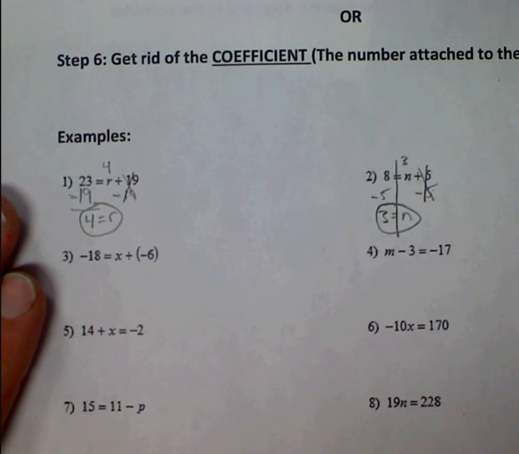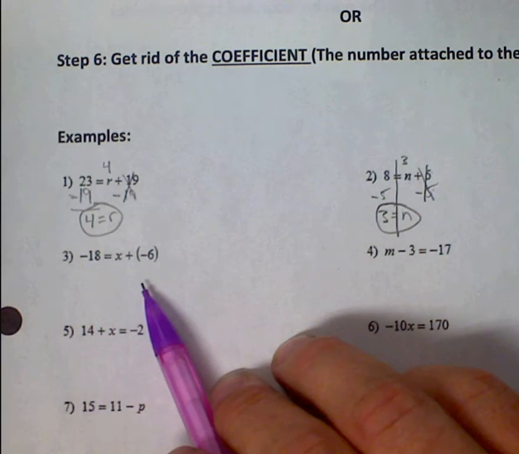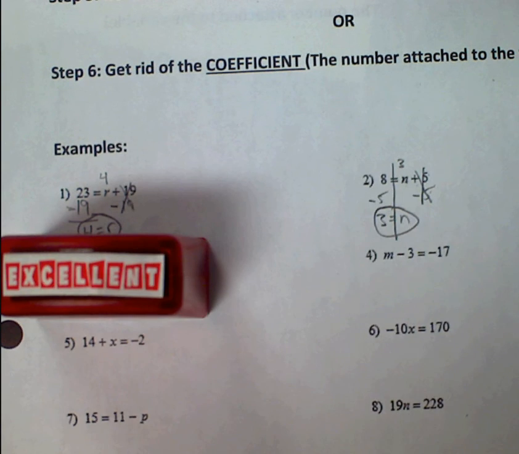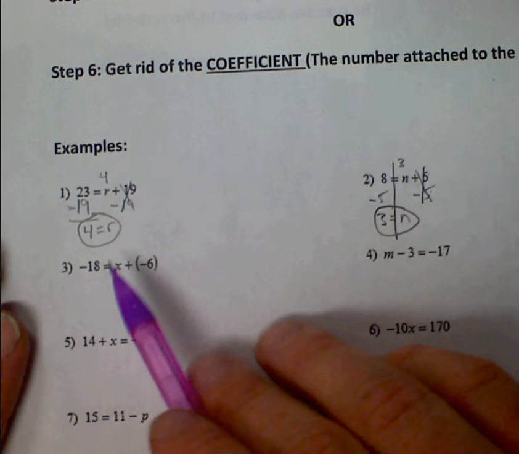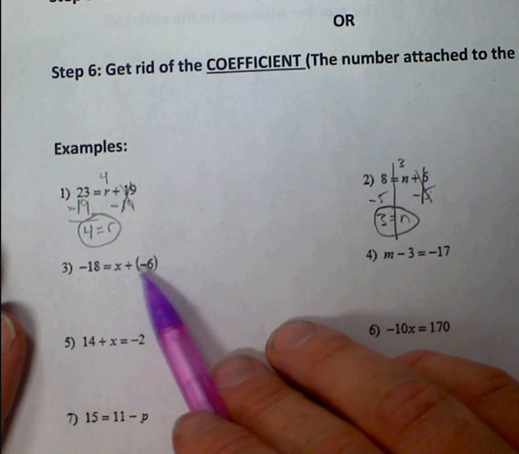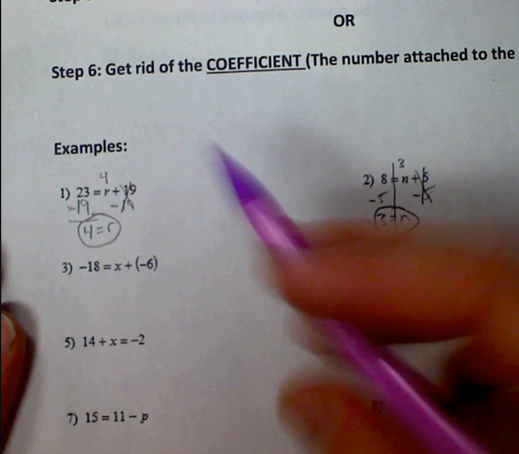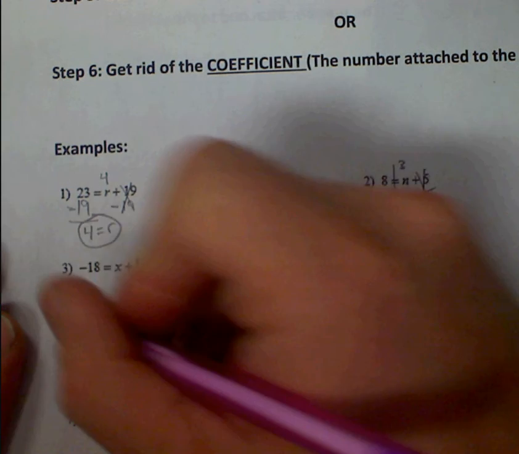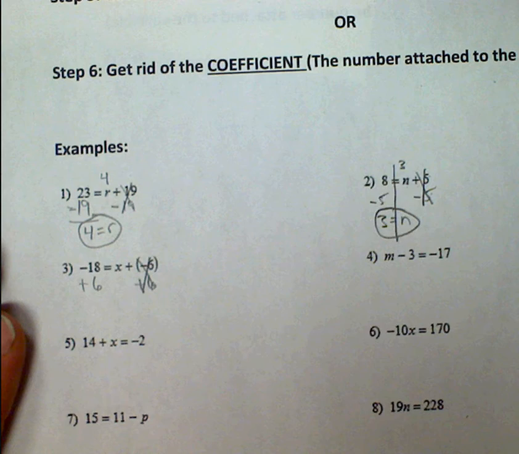Number 3. I'm going to pause the video and see if you can do it yourself first. On number 3, when it's adding negative 6, I have to add positive 6 to get rid of it.